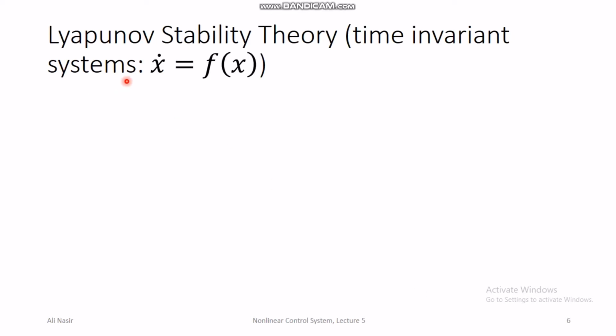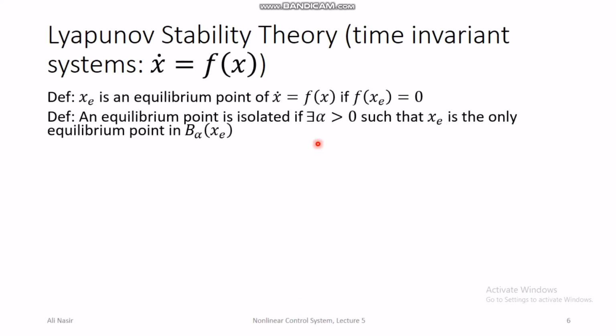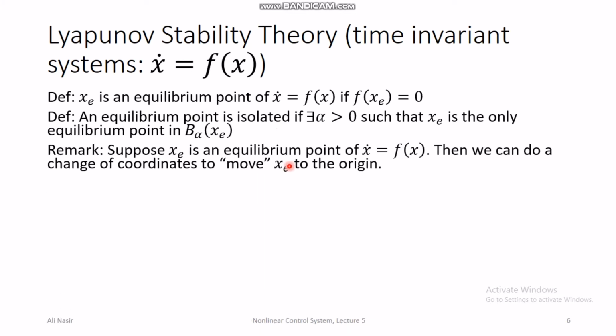Lyapunov stability, we defined the equilibrium point. It is the point at which the dynamics are zero, and if you start at the equilibrium point, then you stay at the equilibrium point. And then we defined the isolated equilibrium point, the equilibrium point which has at least some non-zero neighborhood in which it is the only equilibrium point.